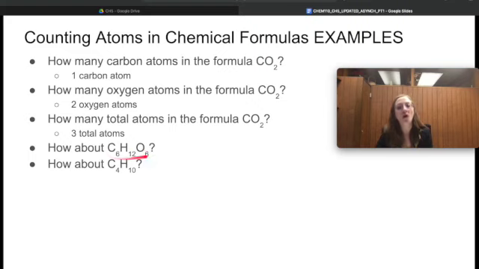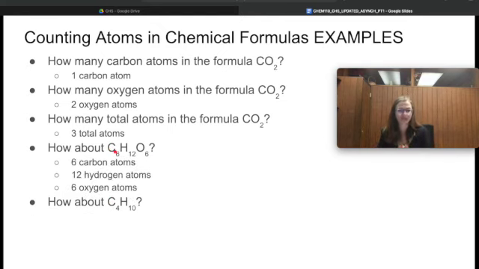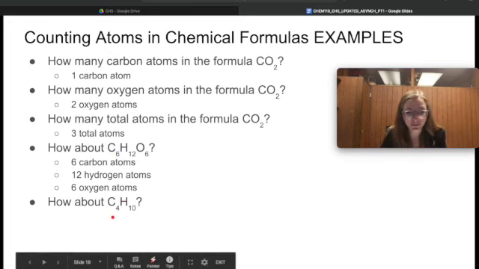And overall, if we add all of that up, we have 24 atoms in our molecule. I should have put the total there on the screen for you. So 24 atoms total in our molecule, 6 of which are carbon, 12 of which are hydrogen, and 6 of which are oxygen.